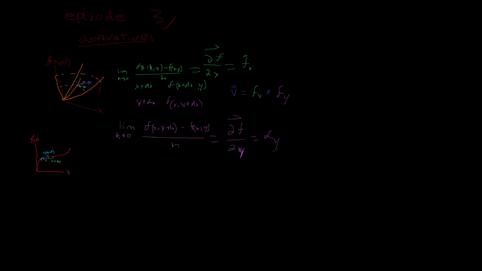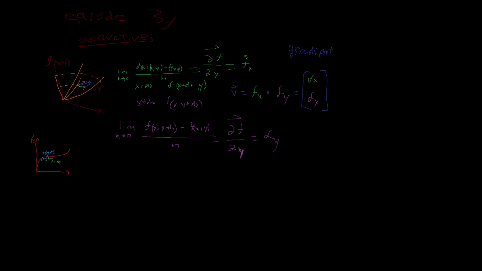What do we get? These are independent vectors, so we get another vector. It's just this vector here with partial in x, partial in y. And this is called the gradient. This is the gradient vector of f.